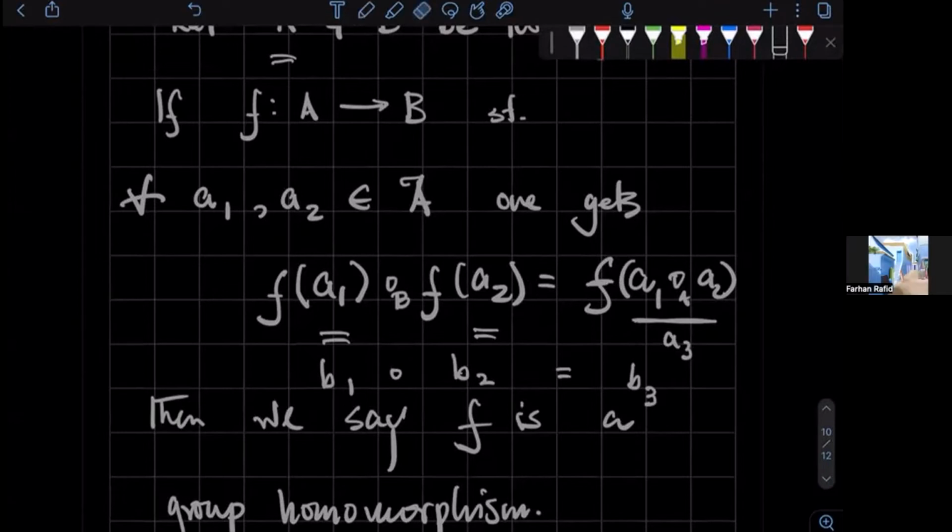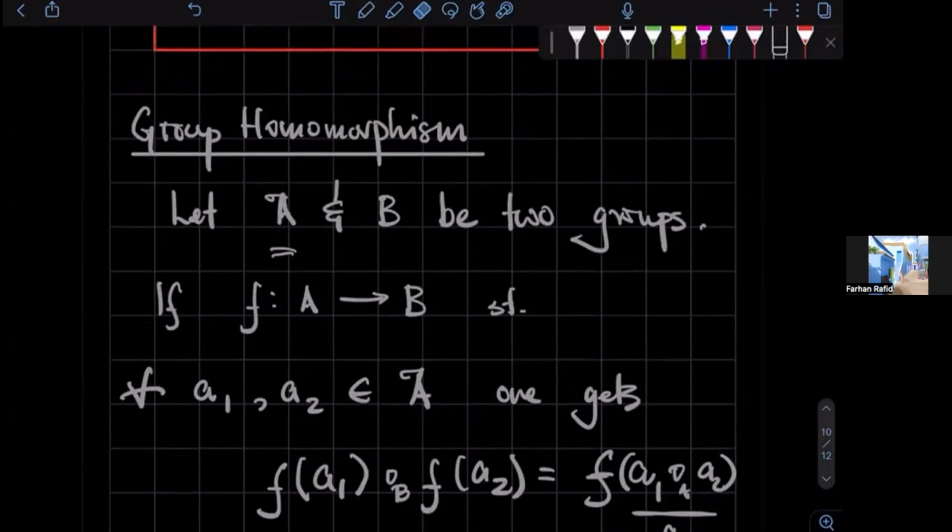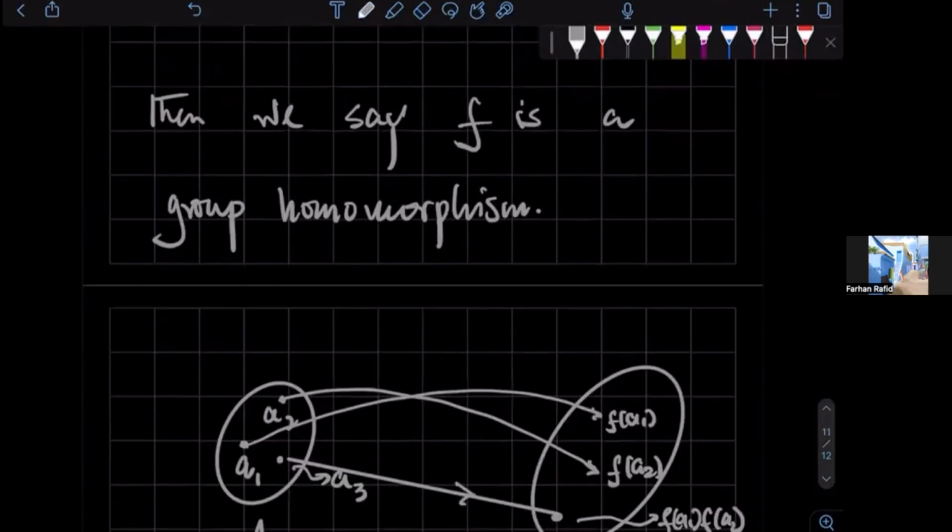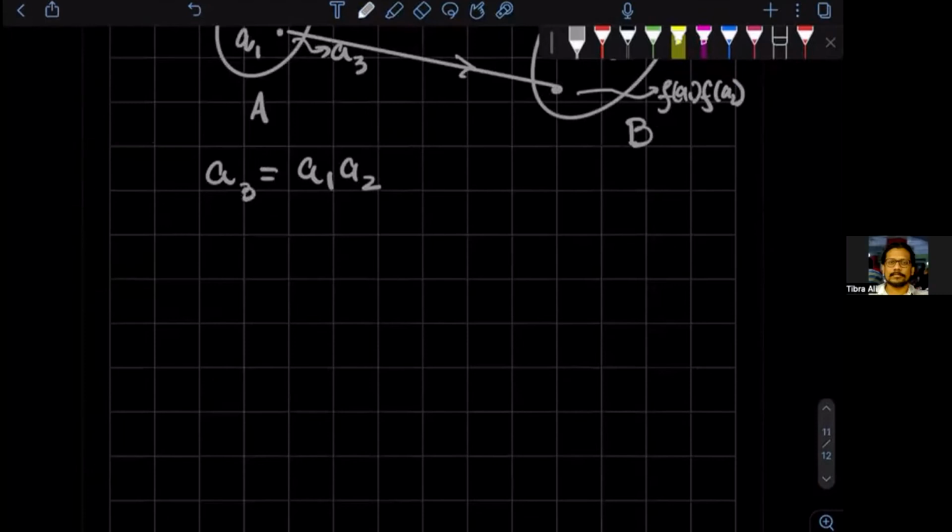Is the map's name group homomorphism, or are the two groups homomorphic to each other? What does the group homomorphism point to? The thing is, a homomorphism is a map. A group homomorphism is a map that preserves the group structure, the group multiplication.